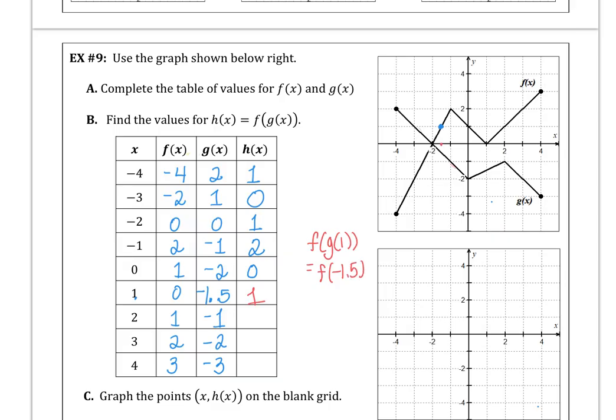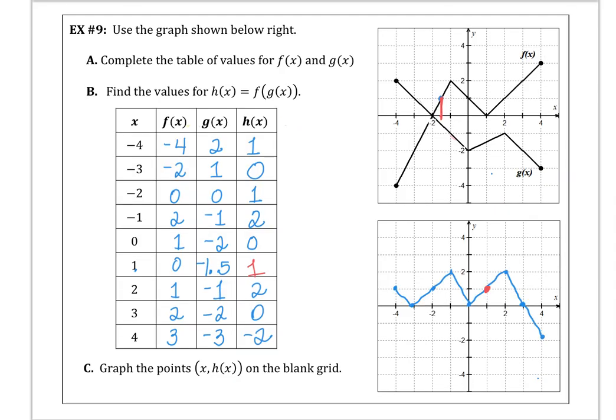And if we go to -1.5, it looks like the y value is 1. The g of 2 is -1, and the f of -1 is 2, and then the last two are 0 and -2. So your job is to graph the h of x function on this next piece of graph paper. And hopefully your graph looks like my graph.